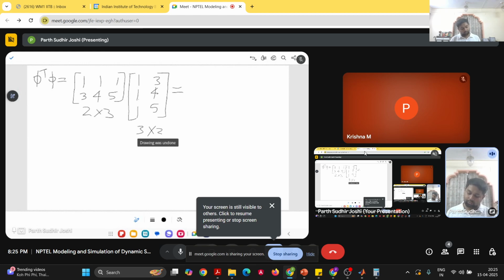So phi transpose phi will become 2 cross 2.